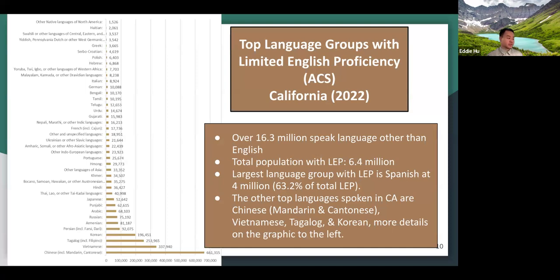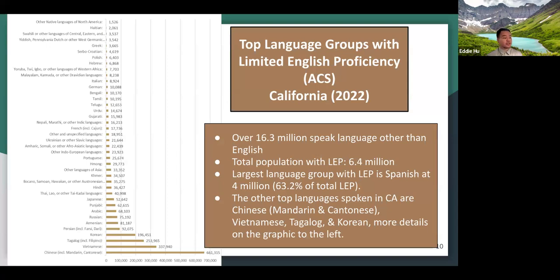Most of the LEP households speak Spanish, followed by Asian and Pacific Islander languages, such as Chinese, Vietnamese, Tagalog, and Korean. For Asian and Asian Americans, the LEP percentage is closer to 33%, with different ranges: over 50% for Burmese, Vietnamese, and Nepalese Americans, more than 40% of Thai, Chinese, and Korean Americans, and around 20% for Filipino, Japanese, and Indian Americans.